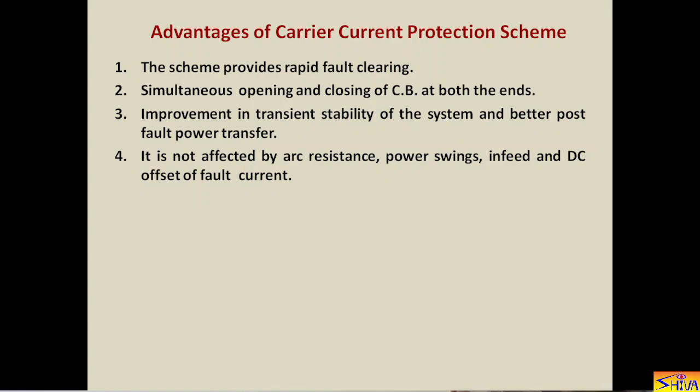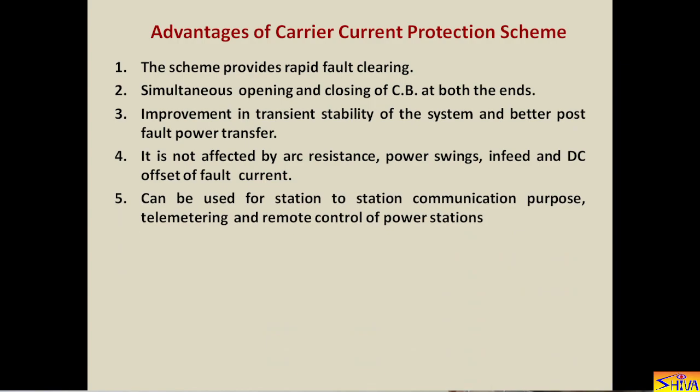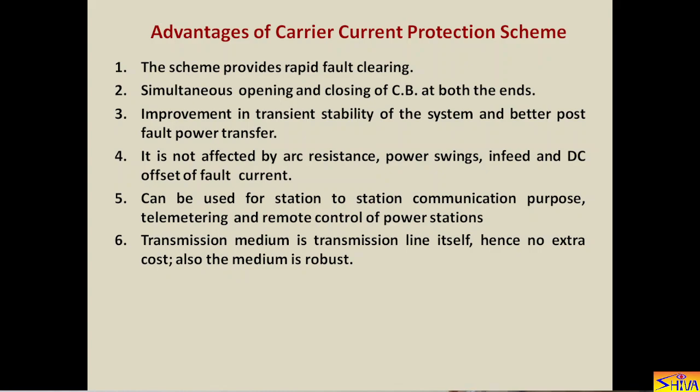This can be used for station to station communication purpose as well as for telemetry and remote control of power stations. One more advantage is there. The transmission medium is transmission line itself, hence no extra cost. Also the transmission medium is transmission line, that is a robust medium.